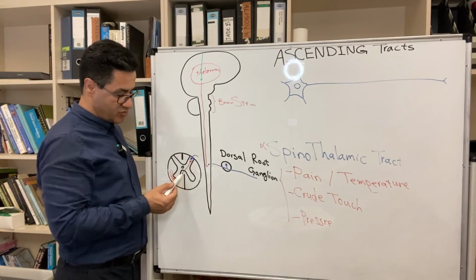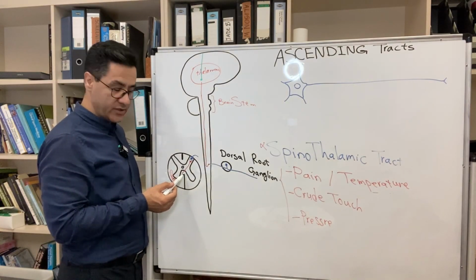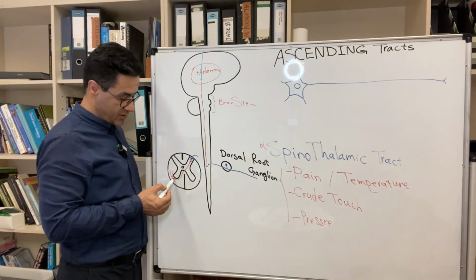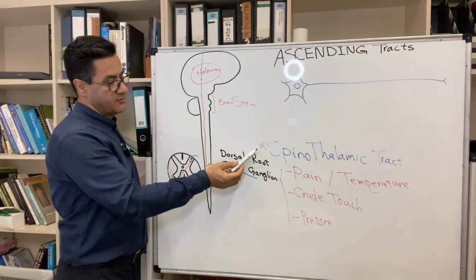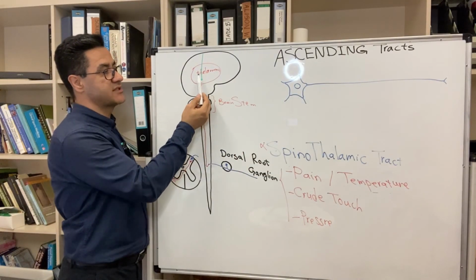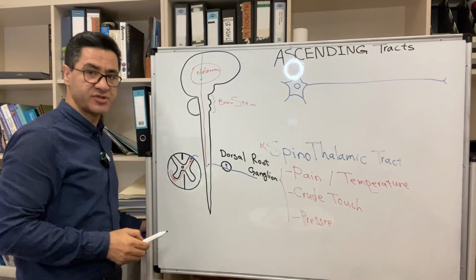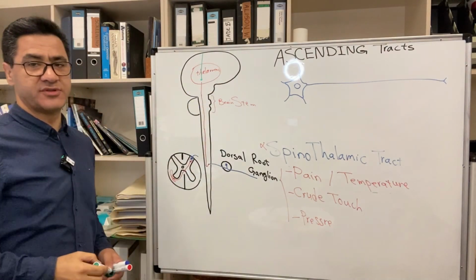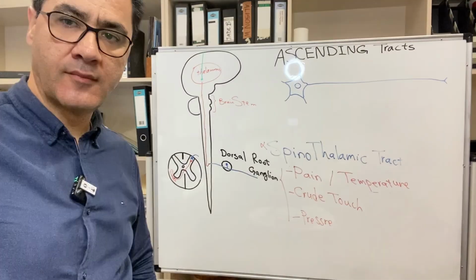Then the axon crosses from one side to the other side through the ventral commissure, and then it lands here, the ventrolateral column of white matter of the spinal cord, and then it goes up, ascending, which makes the spinothalamic tract, crossing the brainstem, getting into the thalamus to synapse onto the cell body of the third order neuron, and the axon of the third order neuron projects up to the cortex of the brain.